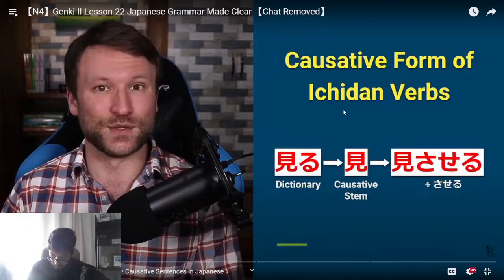Miru has 2 lines. Dictionary form, okay, and it becomes mi. Causative stem.